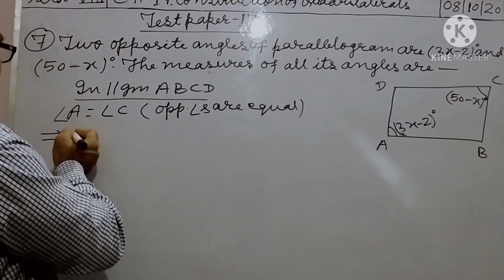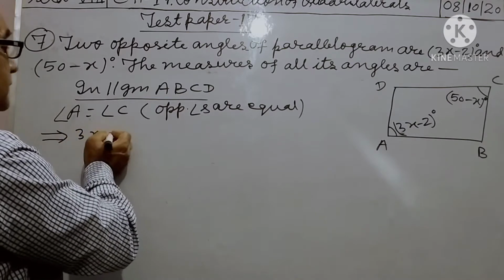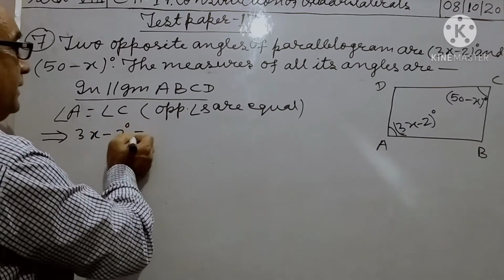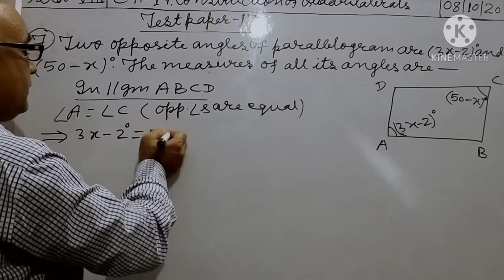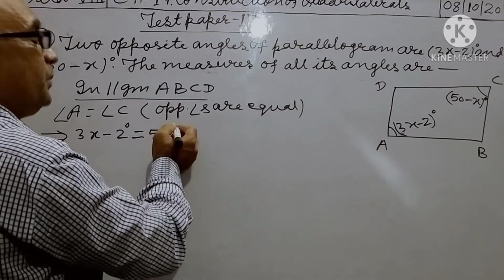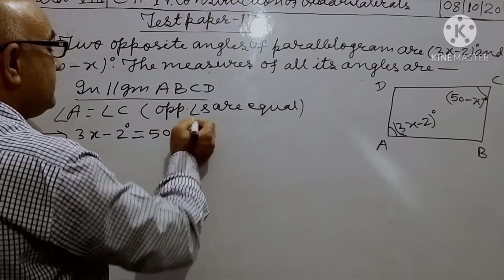So that implies 3x minus 2 degrees equals 50 minus x degrees.